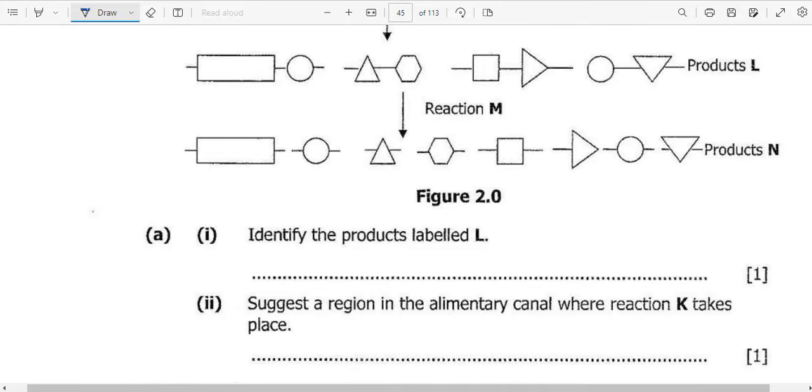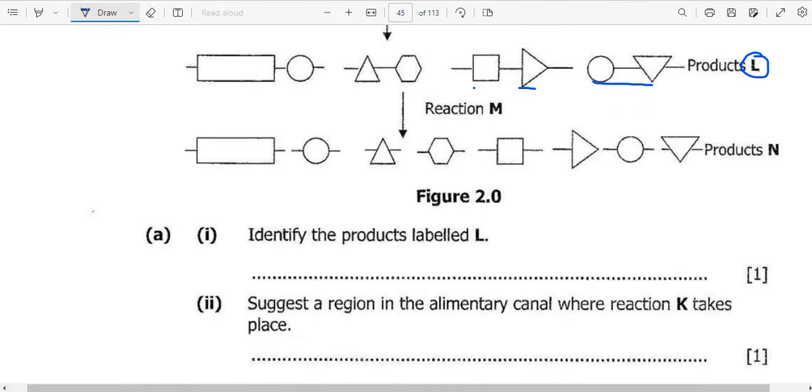So we want to know the product which is labeled L. Meaning that once this has been produced, and we have two, here this one and this one, once they are produced, they are going to produce L here. Now when we look at this, you find that these two can be amino acids.